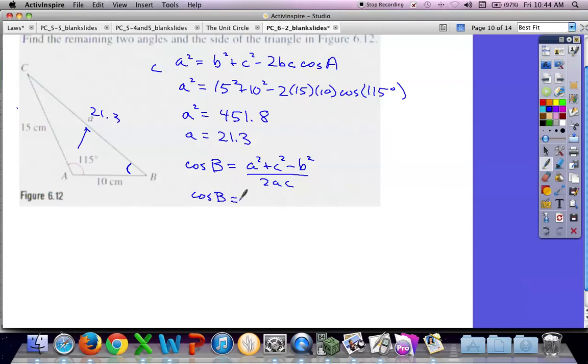Cosine B equals a squared, 21.3, c squared is 10 squared, and minus 15 squared, divided by 2 times 21.3 times 10. So number crunch, and that is 0.7716.